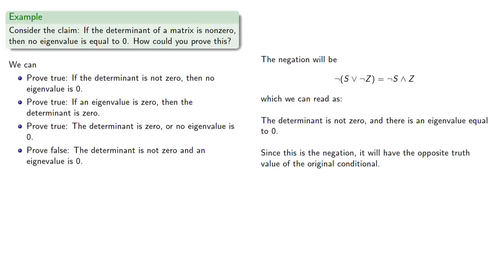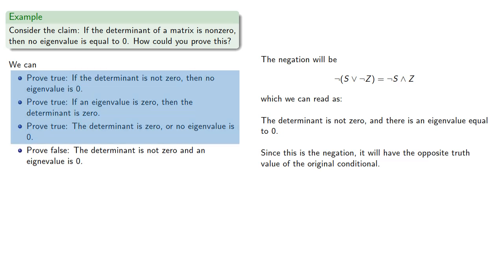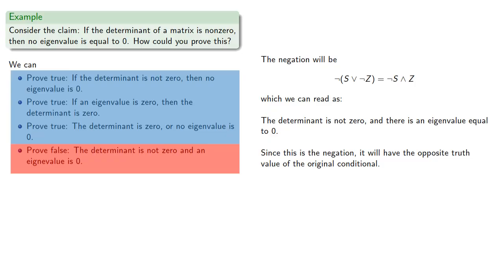And again, the importance here is that if we want to prove this claim, then we can prove any one of these 4 statements. We can prove any one of these 3 true, or we can prove this last one false.